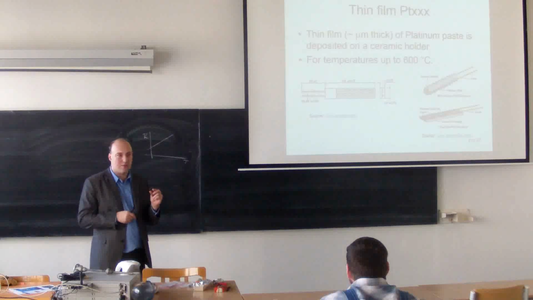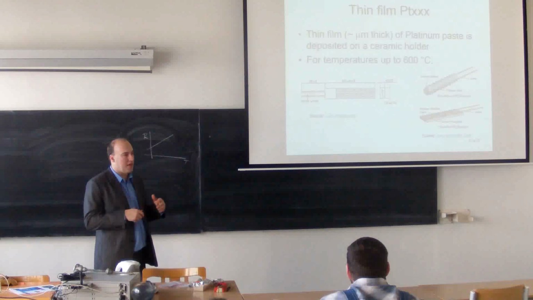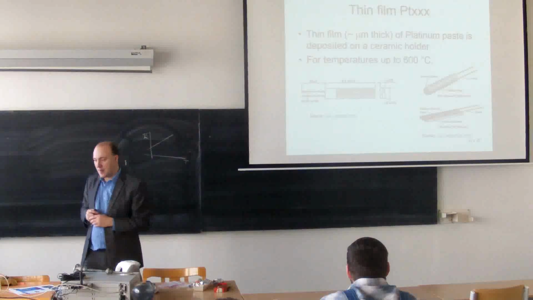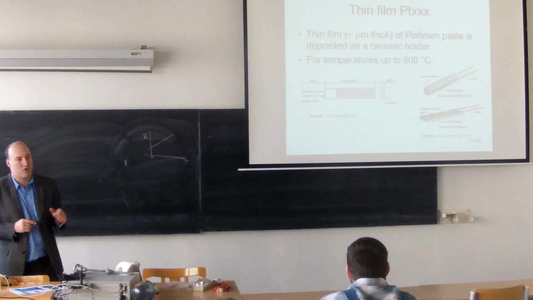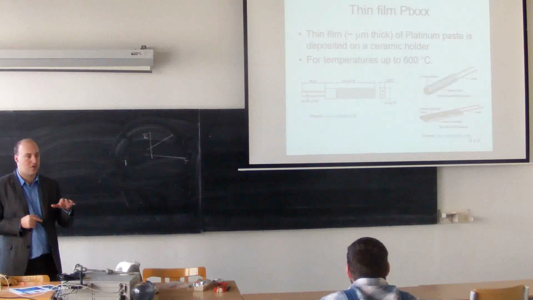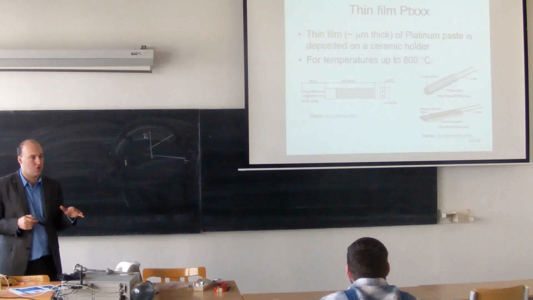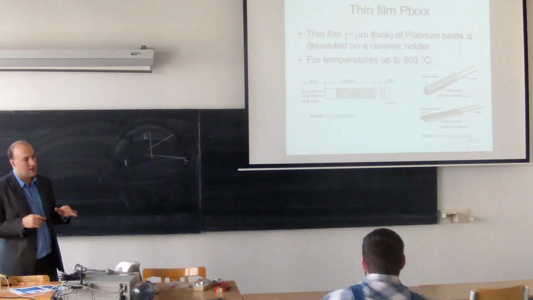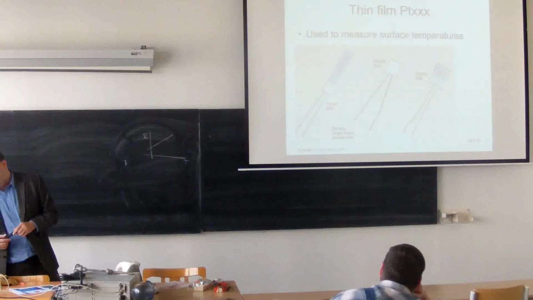The one I showed you is maybe 2 by 4 or 5 millimeters. So a thin film platinum sensor is typically used to measure surface temperatures on some object. It's not used to measure temperatures of liquids in a tank and so on, but it's used for surface temperature readings.